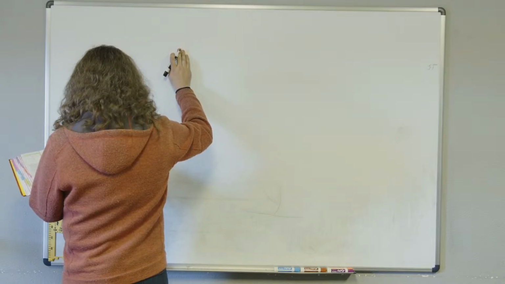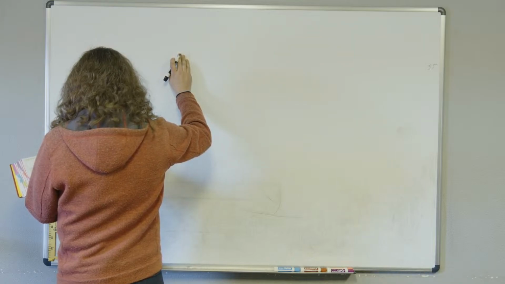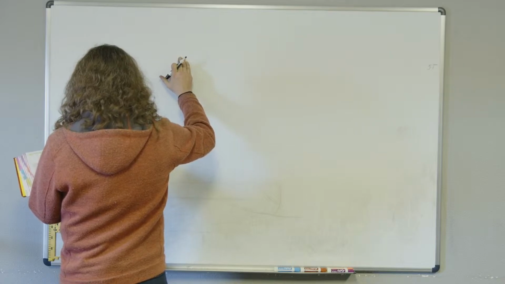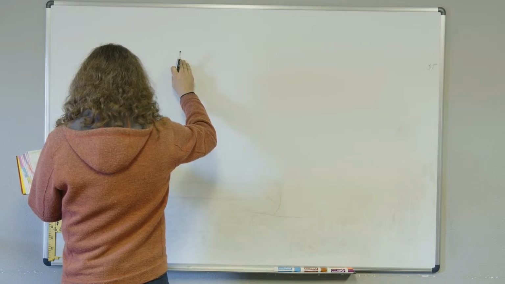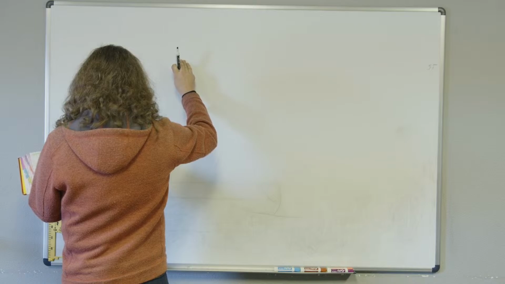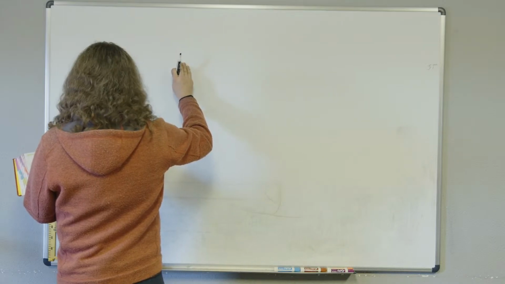Oh, we're not going to find the inverse. Oh, yeah, we are. Oh, this example is not actually doing what I thought it was going to do, but that's fine.